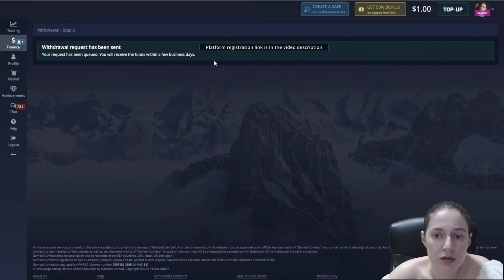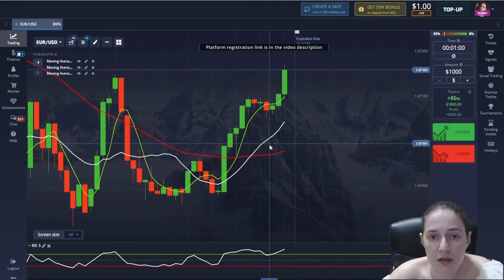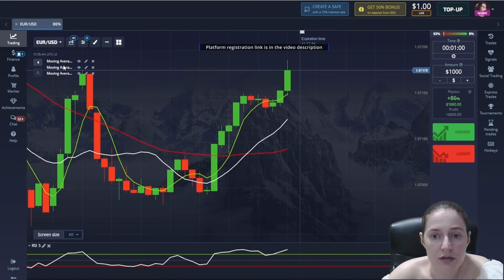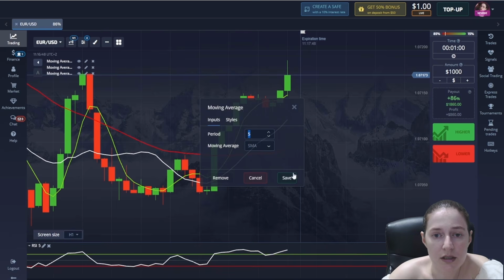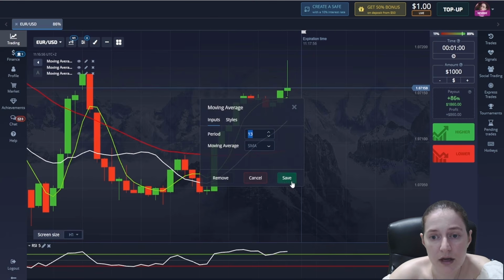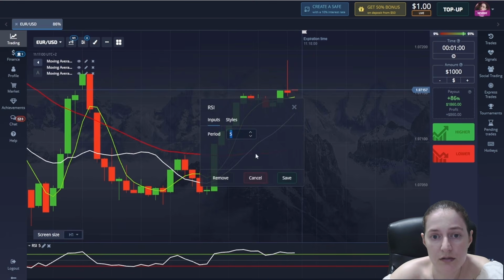And then I want to go to the real account and show you the indicators and periods I have to set. So these indicators are 3 moving average and RSI. The first moving average period was 5, for the second one is 45, and for the third one is 13, and RSI period is 5.